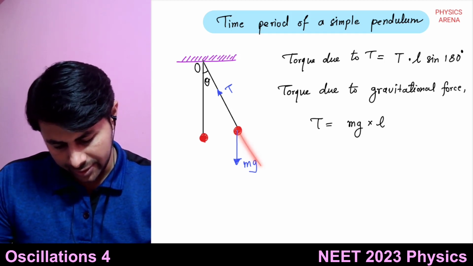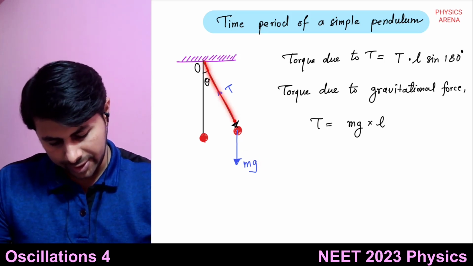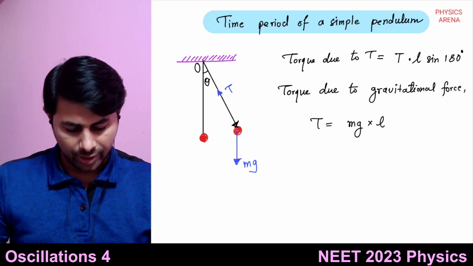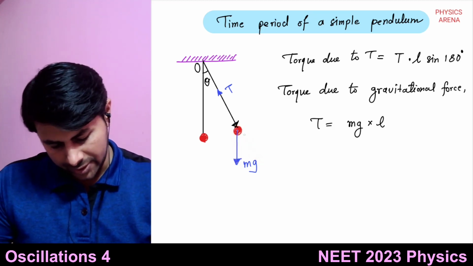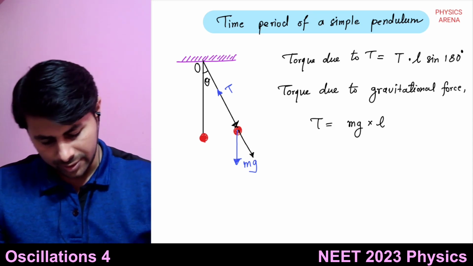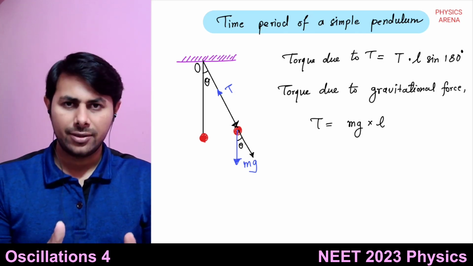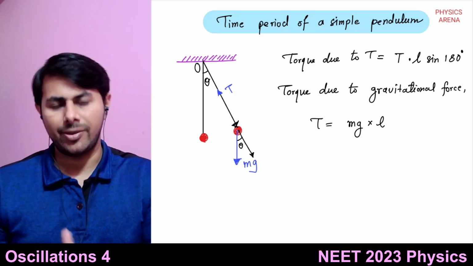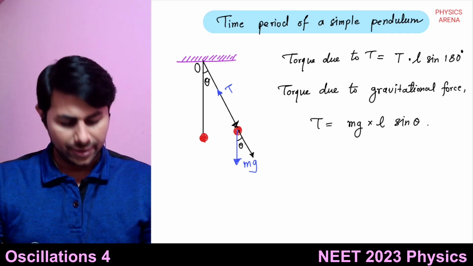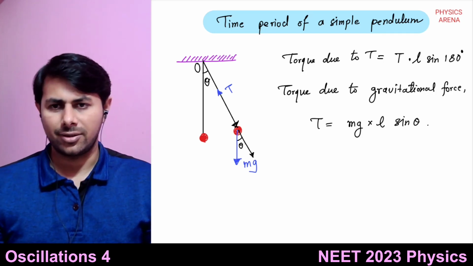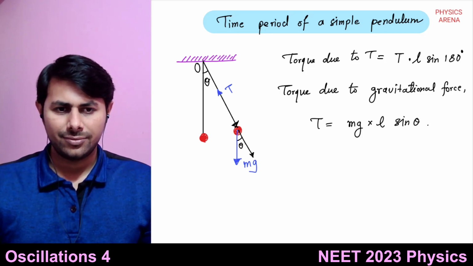The position vector of this force is R. R is directed like this, mg is directed like this. So this is the angle between the two, theta. So it is R multiplied by F multiplied by sine of the angle between the two, sine theta. So mgl sine theta is the torque. Is it clear? Yes, no?